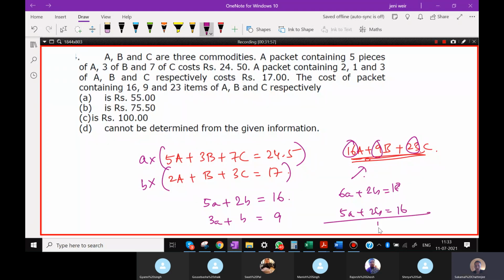So therefore a will be 2. If a is 2, put the value of a here, b would be 9 minus 2 by 3, which is 7 by 3.